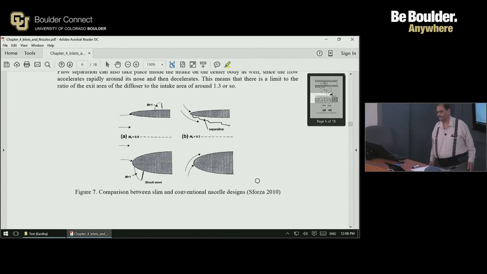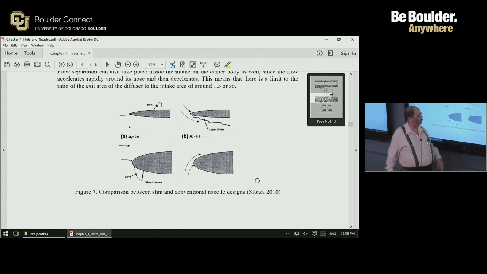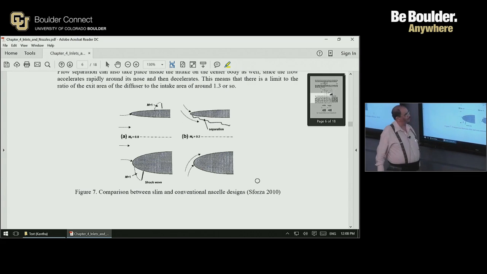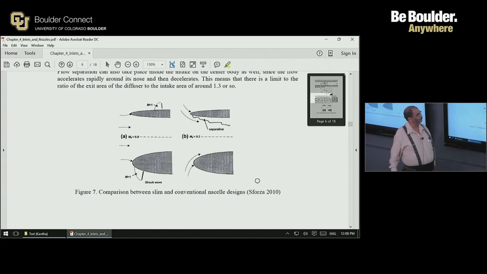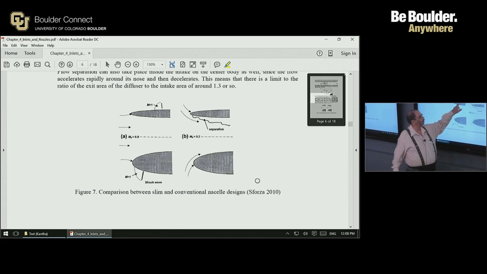Okay. But the slim design has the disadvantage of potential separation during takeoff and also crosswind conditions. The slim design tends to reduce the acceleration of the flow going around the nacelle.